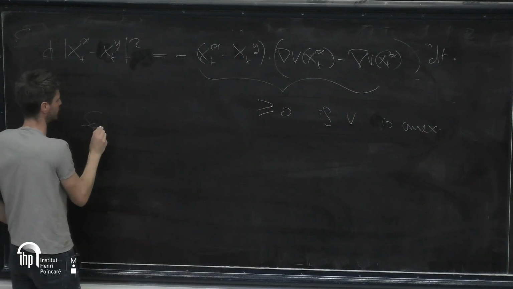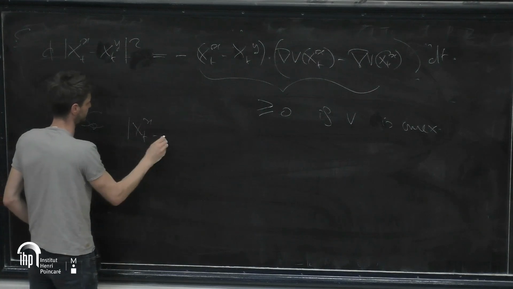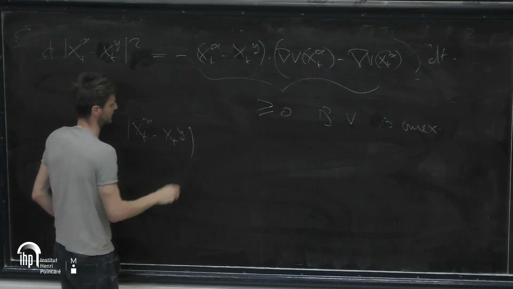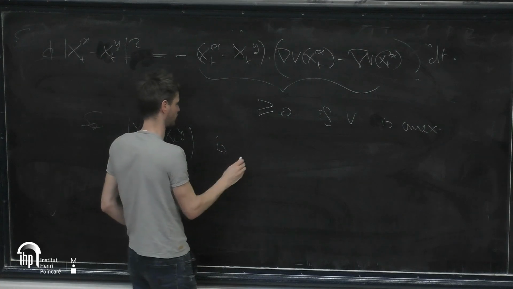And so this quantity Xt^x minus Xt^y is decreasing, or non-increasing.